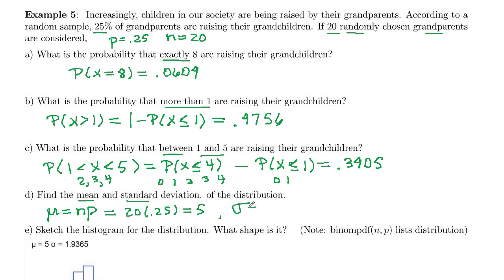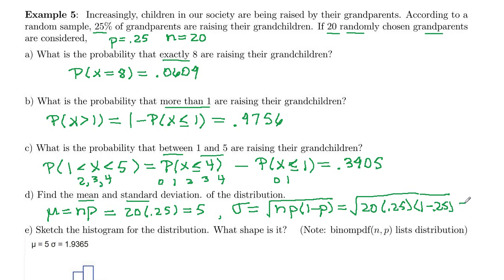Standard deviation, a shortcut formula: square root of n p times 1 minus p. So that's going to be the square root of 20 times 0.25 times 1 minus 0.25, which would be 0.75.